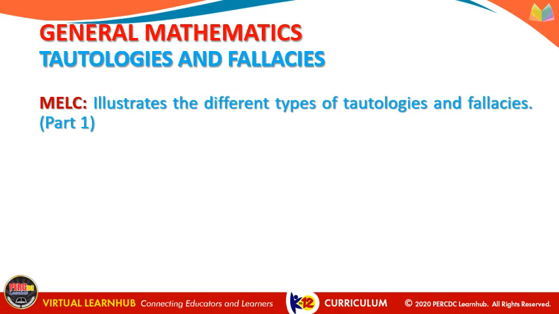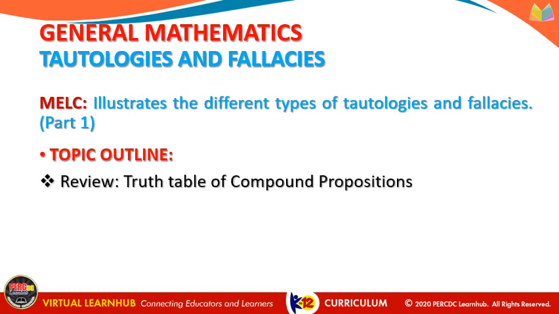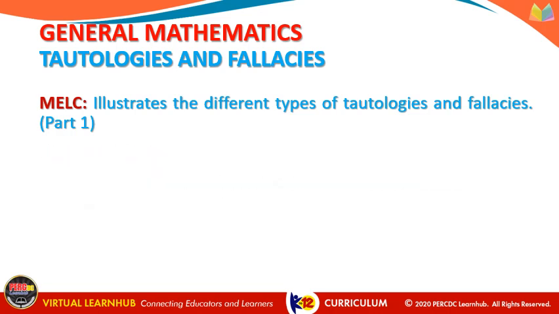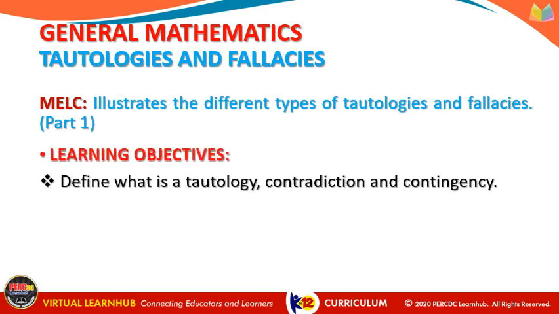For our topic outline, first, we will have a short review on truth tables of compound propositions. Then, after that, we will take a look at what is a tautology, contradiction, and contingency. At the end of the video, I hope that we will be able to define what is a tautology, contradiction, and contingency.